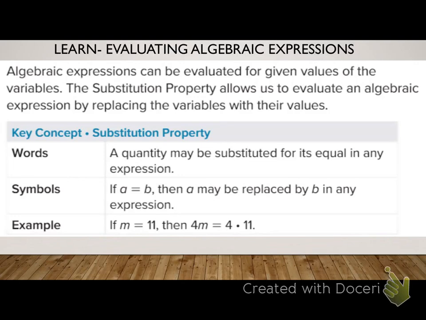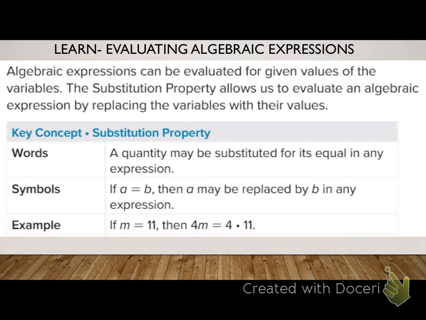So, for an example, if M equals 11, then in the expression 4M, I can take the M out and put the 11 in its place to become 4 times 11, because M and 11 are equal. Does that make sense?